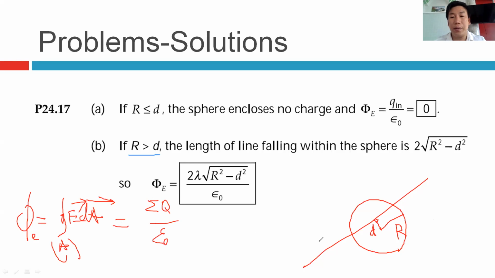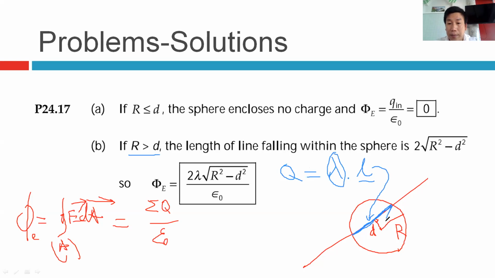How to calculate sigma Q? Sigma Q is the Q contained in this stripe. Previously we already know that Q equals lambda multiplied by L. We already have lambda. The thing is we need to calculate L here. L is the length of the part of the line inside the sphere. I think it's easy for you to calculate.